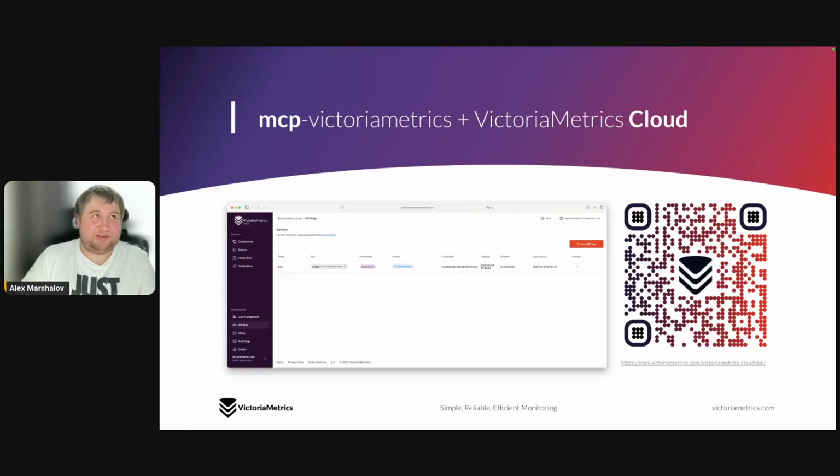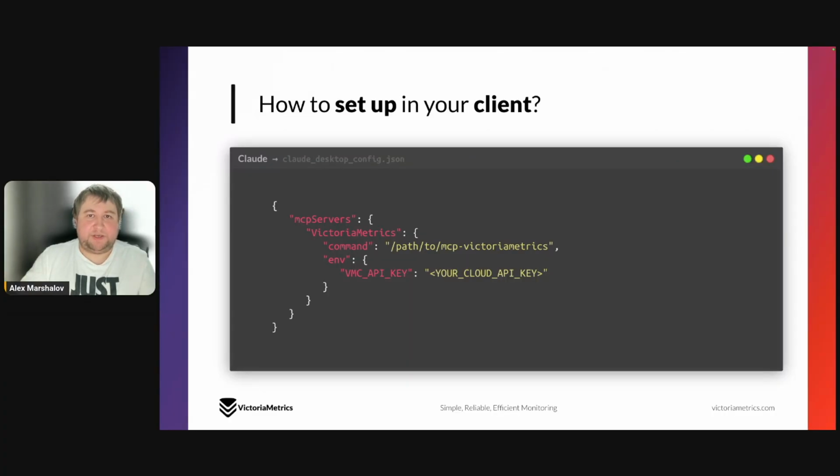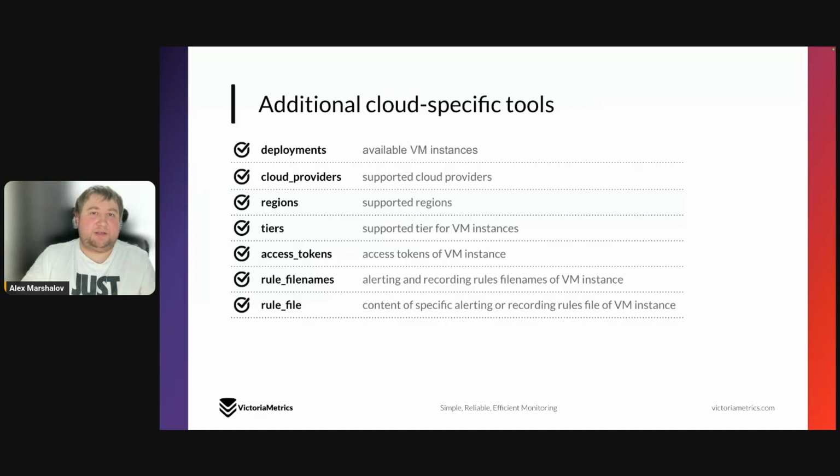You can create an API key in the VictoriaMetrics Cloud console and put it into the config of MCP as the only parameter, instead of instance entry point, instance type, instance bearer token, etc. And in addition to all previous tools, some extra cloud-specific tools will be activated for all your deployments. I don't have time to tell you more about it, maybe in the next meetups.